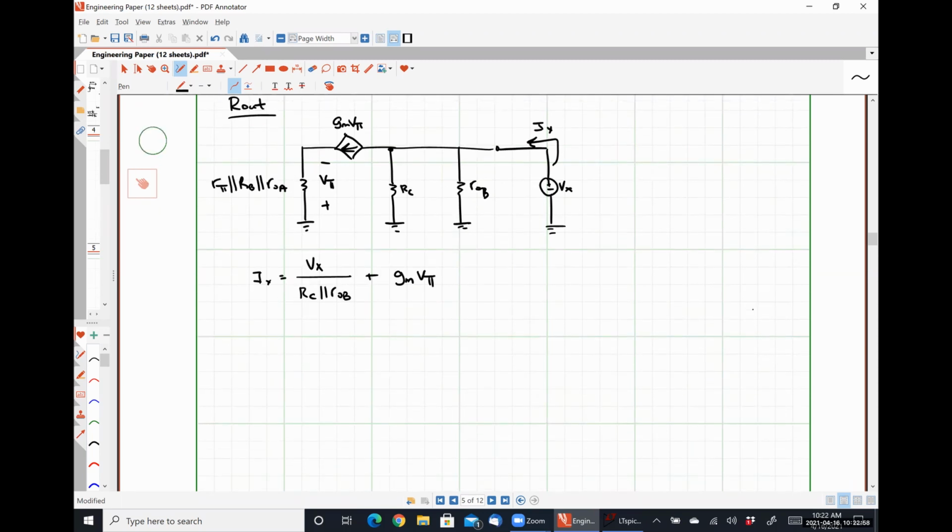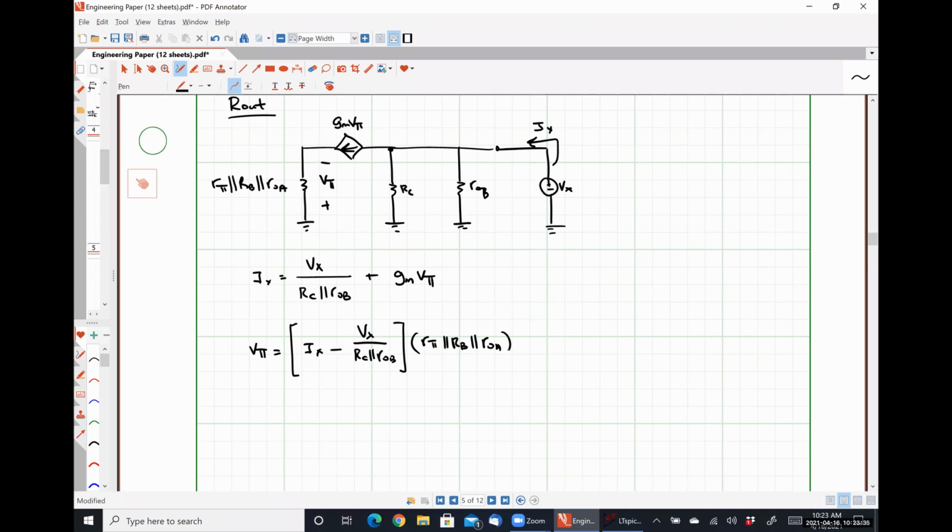V pi is my current Ix minus Vx divided by RC in parallel with R naught B. So I'm saying how much has branched off and is flowing through that node, multiplied by R pi in parallel with RB in parallel with R naught A. That's just an Ohm's law representation of that voltage drop.